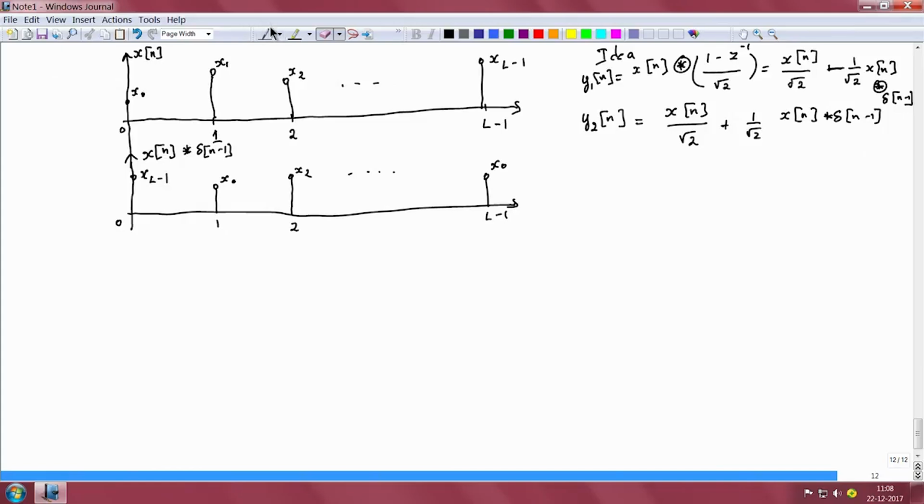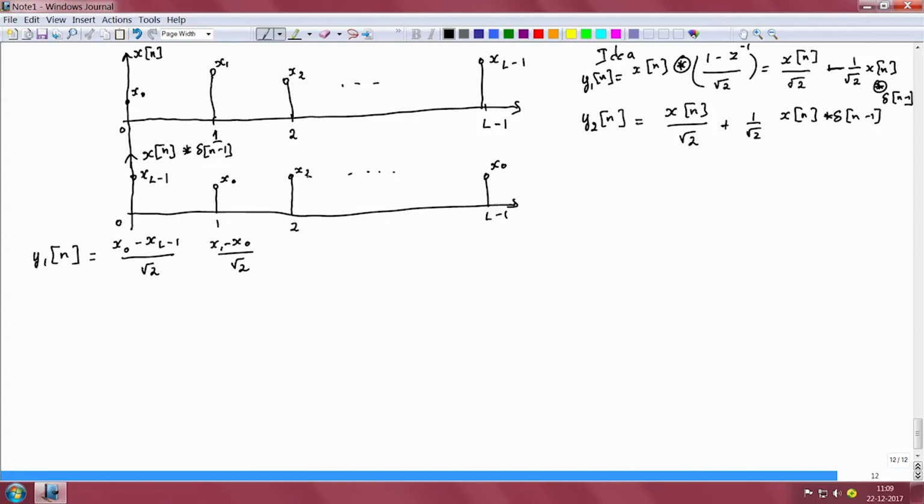So, y 1 of n can be obtained by subtracting these two signals and scaling by root 2, and y 2 of n can be obtained by adding these two signals and scaling by root 2. So, the values that we have here for y 1 of n will be x naught minus x L minus 1 by root 2, at dimension 1 it is going to be x 1 minus x naught by root 2.